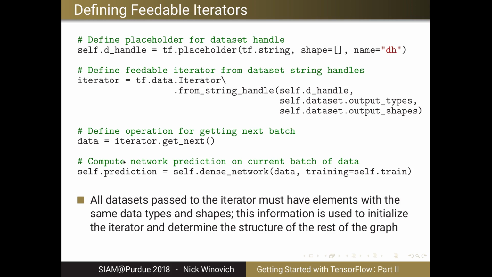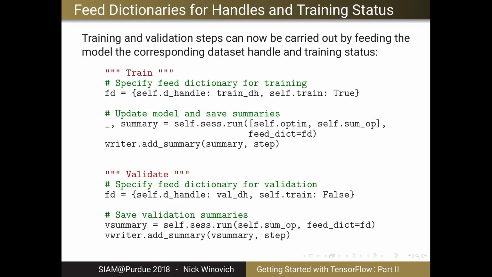So as I mentioned, a typical application is training and validation. So you may define a feed dictionary with training and the dataset handle. So the train dataset handle, training is true. Use that as a feed dictionary. Now if you want to validate, you just set training to false and give it the validation dataset handle. And maybe write a validation summary as well.